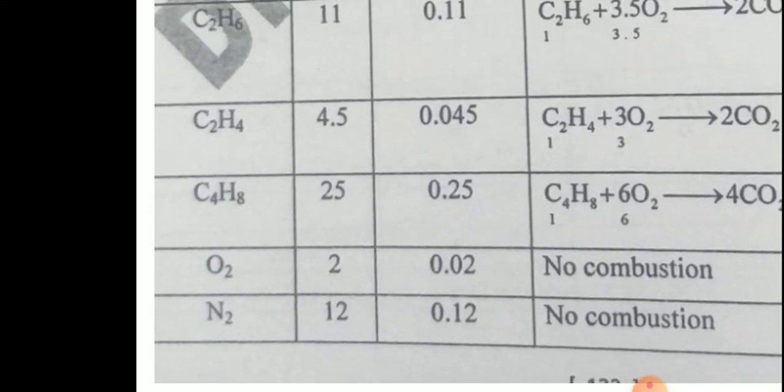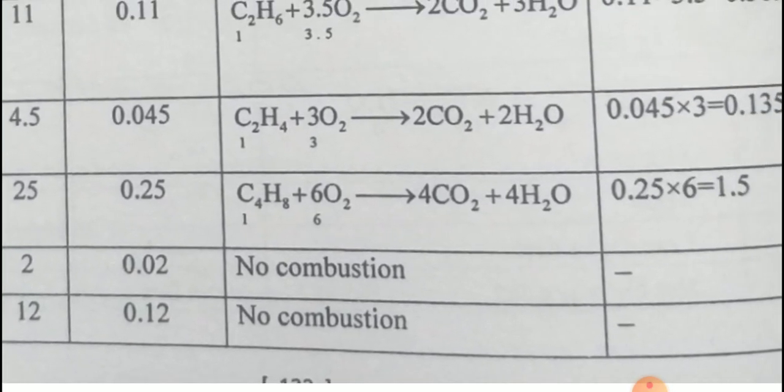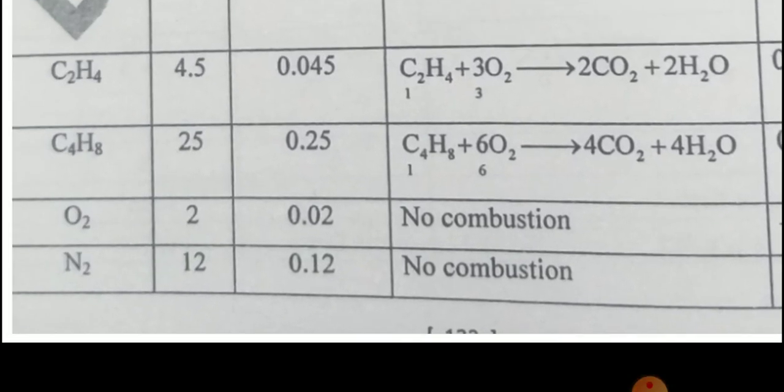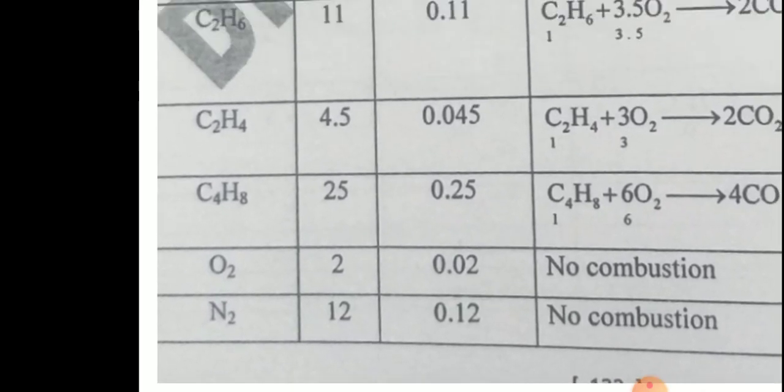For butene, 25%, 0.25 meter cube, and the ratio of butene and oxygen is 1:6. So 0.25 is multiplied by 6, and the oxygen needed by butene is 1.5 meter cube. Oxygen and nitrogen do not take part in combustion, so they are neglected here.